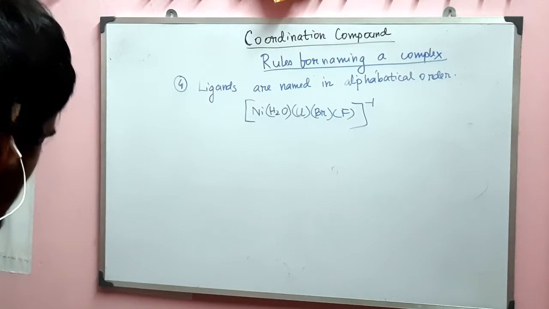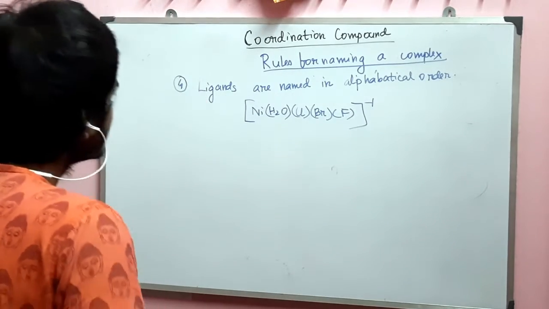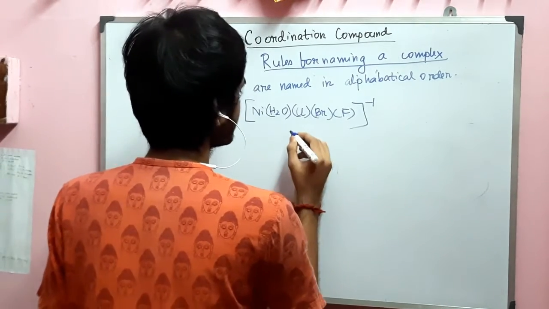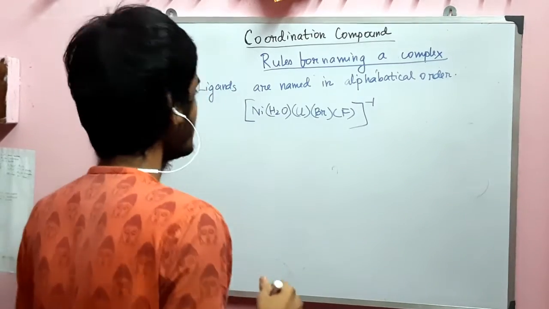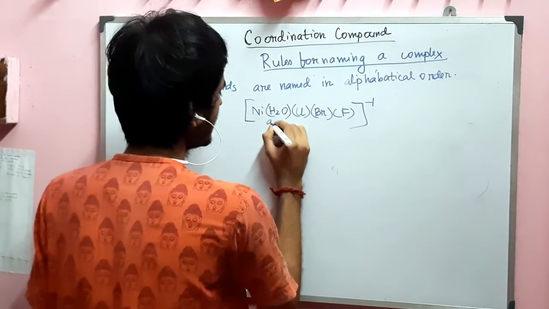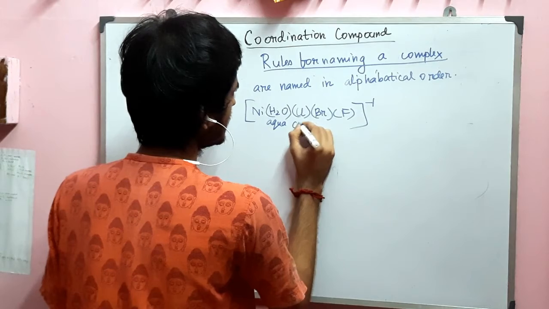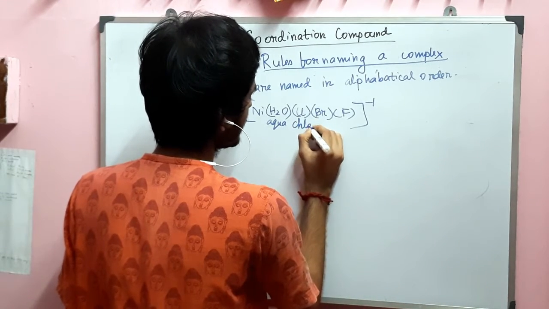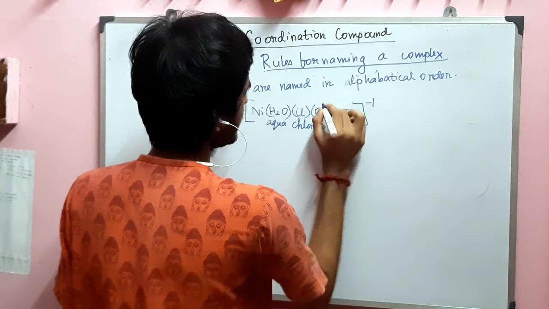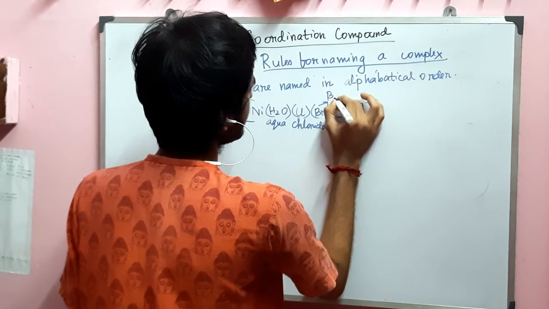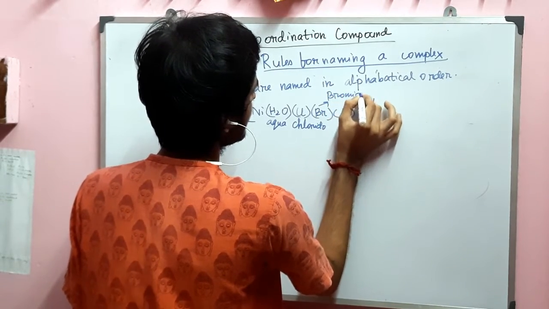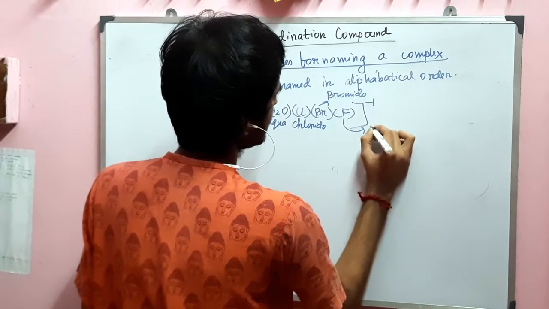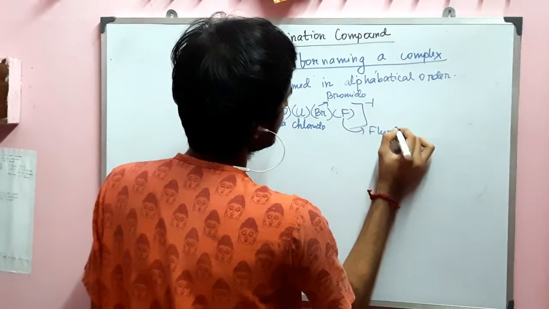We will name this ligand aqua, this is chlorido, this is bromido, this is fluorido.